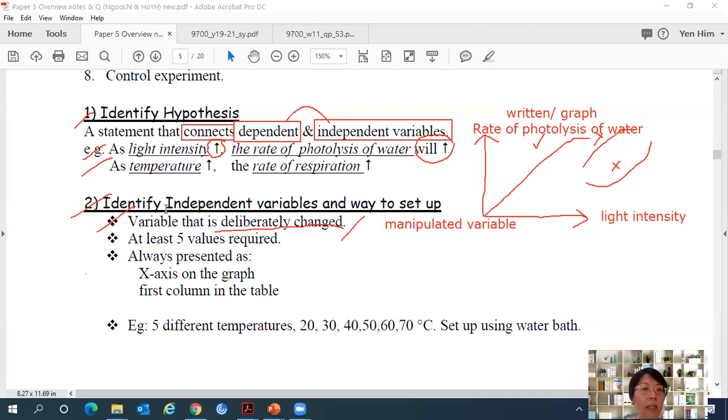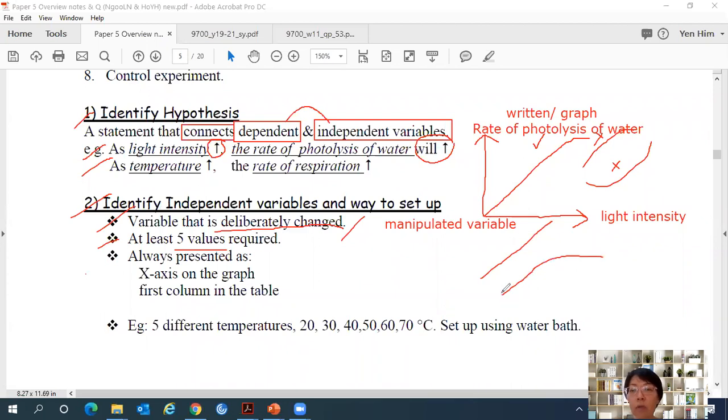And you must always give at least 5 values to your independent variable, so that when you plot the points, you know whether it goes up straight or it goes halfway and then it turns.